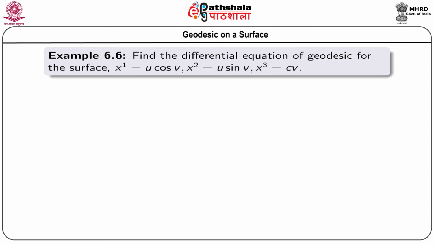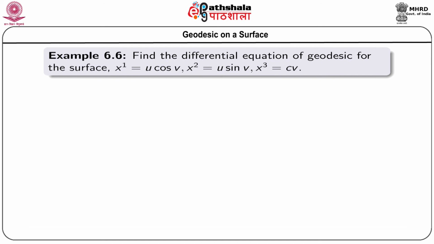Now, let us consider this example, and we are trying to find the differential equation of geodesic for the surface x1 equals u cos v, x2 equals u sin v, and x3 equals c v.